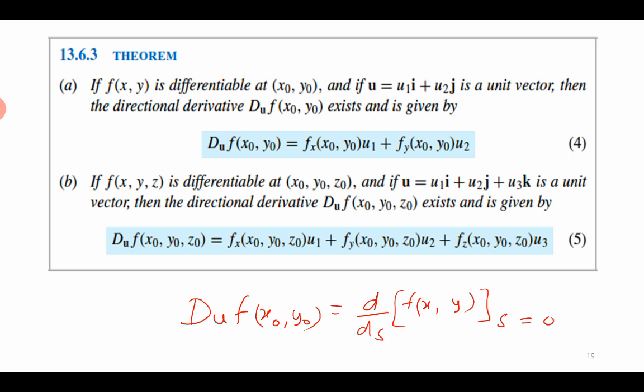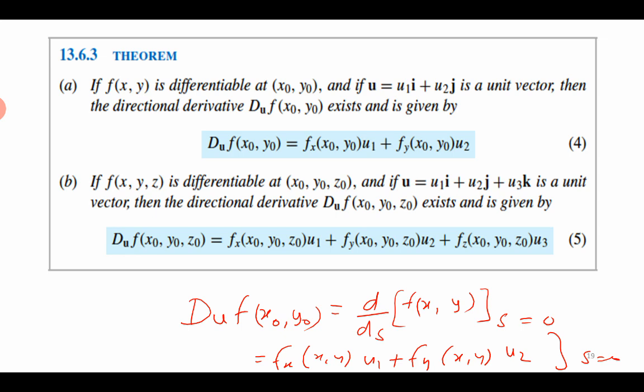When you find this derivative, you actually get fx of x comma y times u1 plus fy of x comma y times u2, and when s goes to 0, x comma y will be equal to x0, y0.